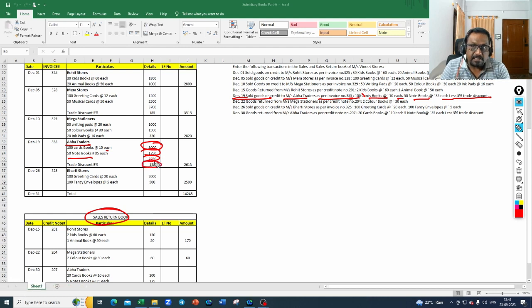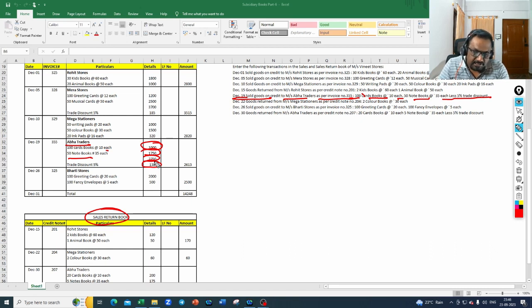If I calculate, it is coming to 138. I rounded off that figure. It is not exactly 138. It is, I think, 137.5 or something, but I rounded this off to 138. After deducting this trade discount, my net amount is 2,613. So that is what we sold to Abha Traders.